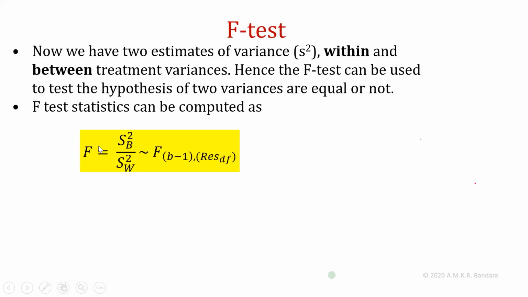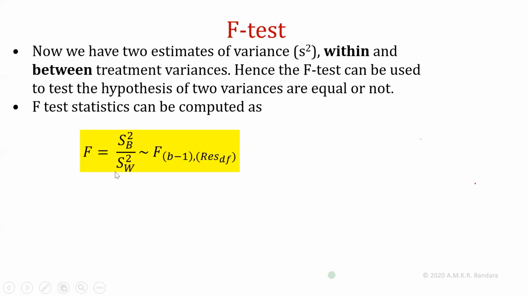The calculated value is computed by dividing the variation of between treatment by the variation of within treatment.